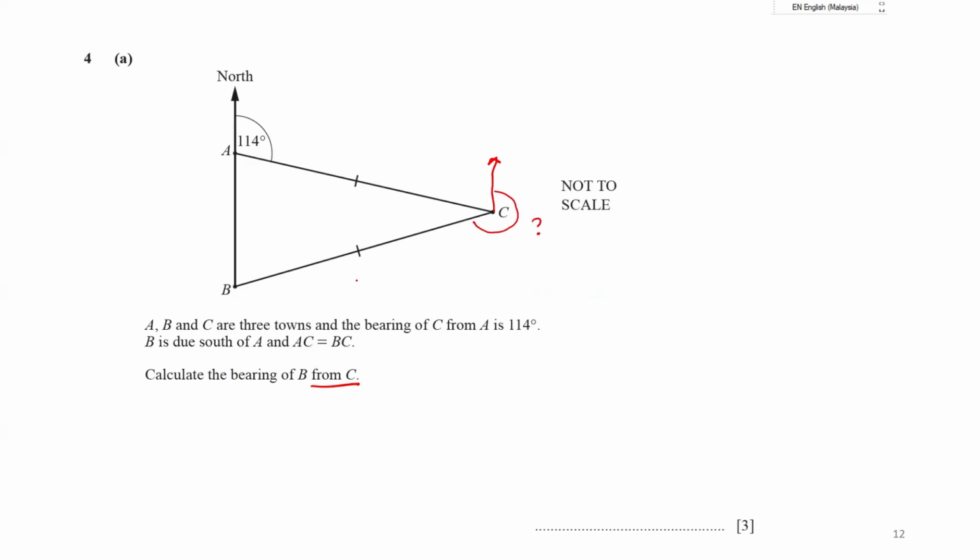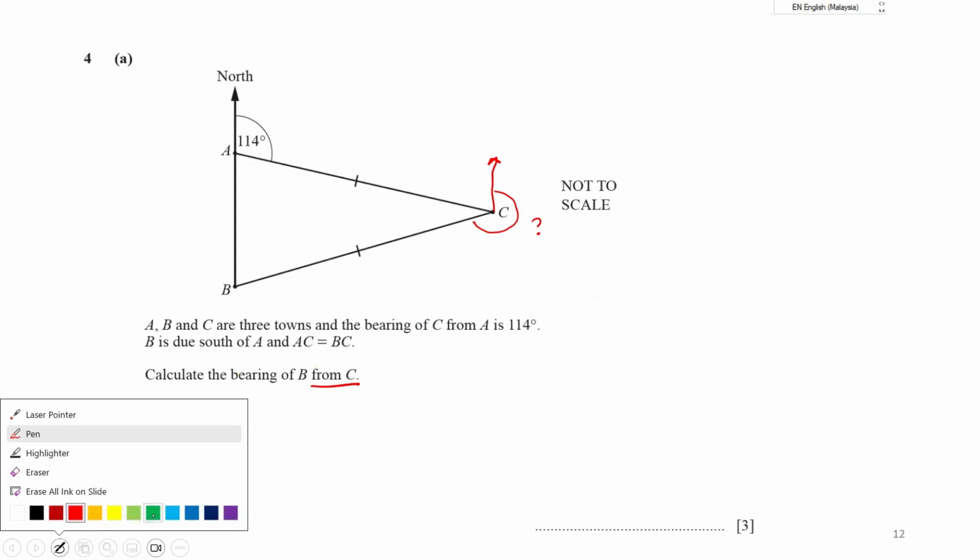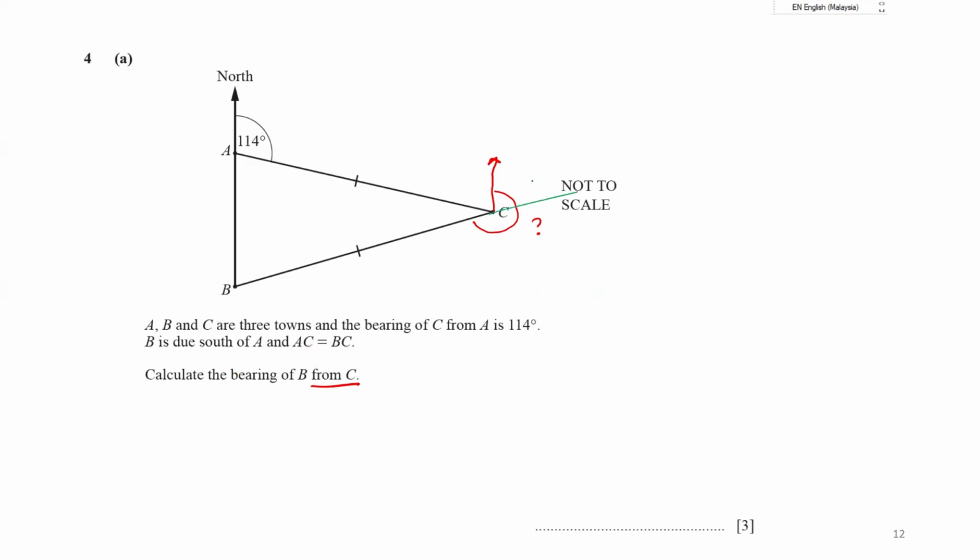Okay. So if I extend this, I label this as Y. So the bearing will be 180 plus Y. Okay.